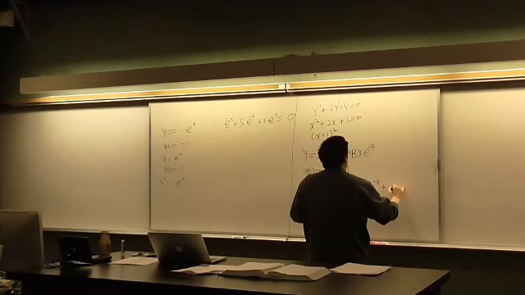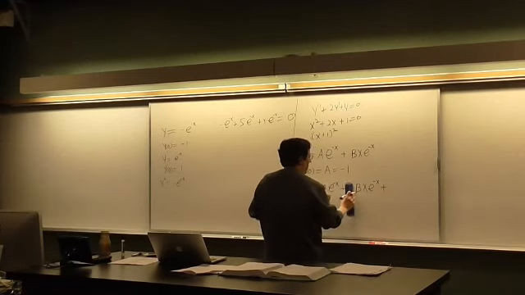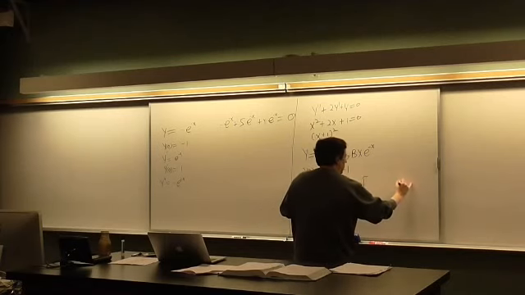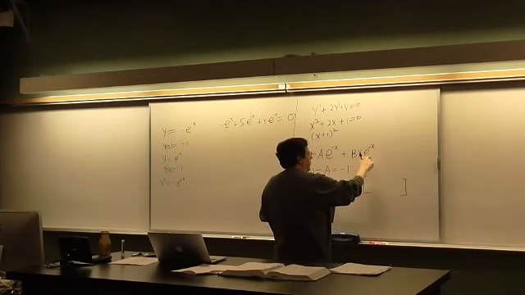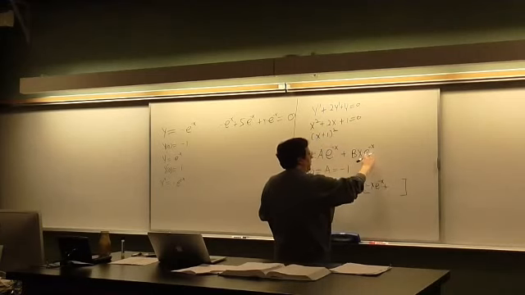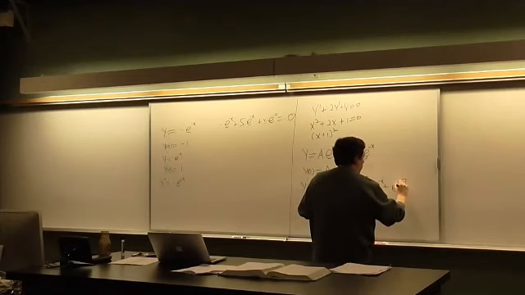Wait a minute, I'm going to do this wrong. It's x times the derivative of e to the minus x, which is negative x e to the minus x, plus e to the minus x times the derivative of x, which is e to the minus x.